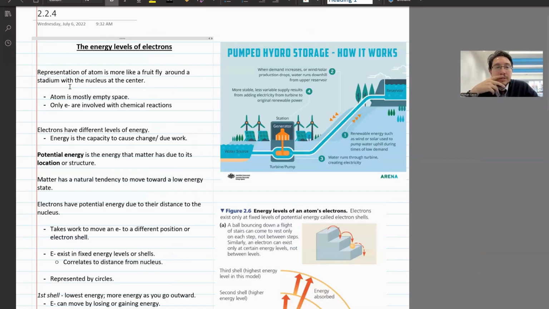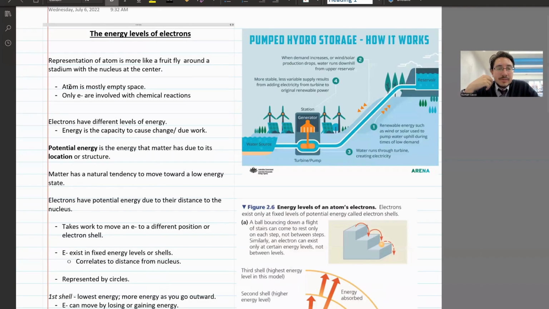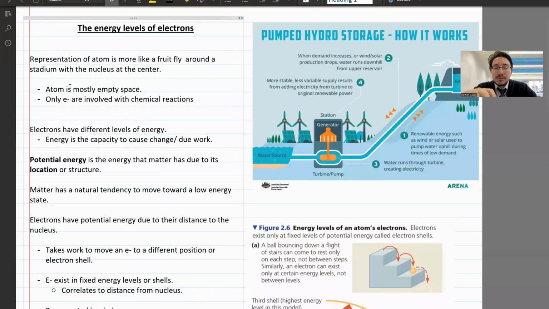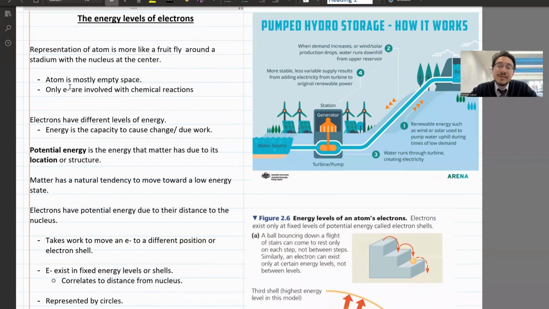Continuing on 2.2, you have the energy levels of electrons. This is talking about how electrons are organized within the atom. Just to give you some representation of the core of an atom and the distance of an electron: you see this commonly in textbooks.